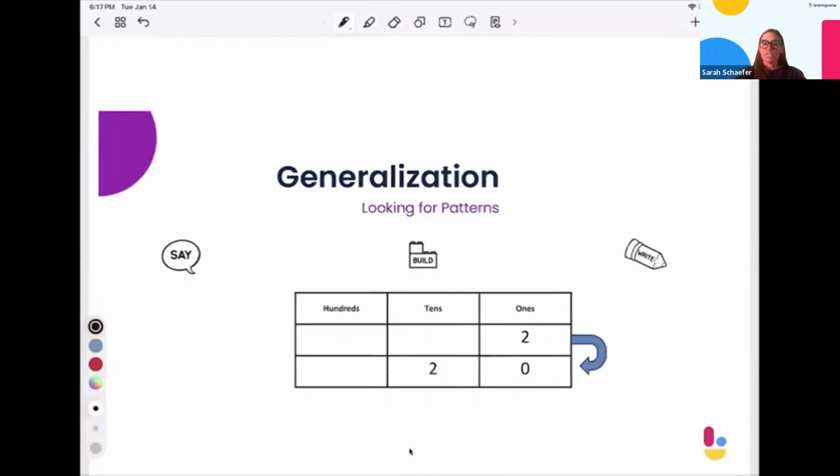So now we're starting to focus more on the digit and what's happening here when we write this maybe in a place value chart. What do you see? What do you notice? What's happening? We have that digit 2. The 2 is moved.